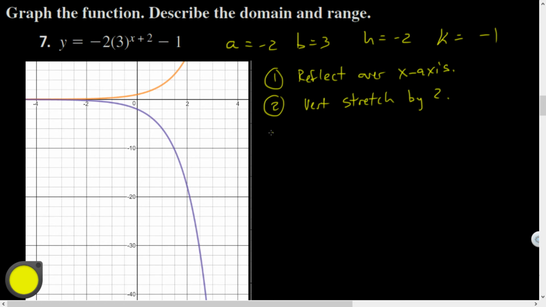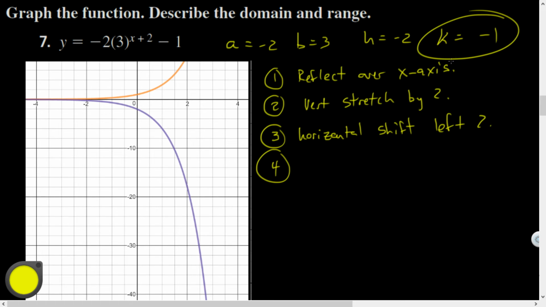And the H will result in a horizontal shift left 2 units. And the -1, what does that -1 do for the K? A vertical shift.